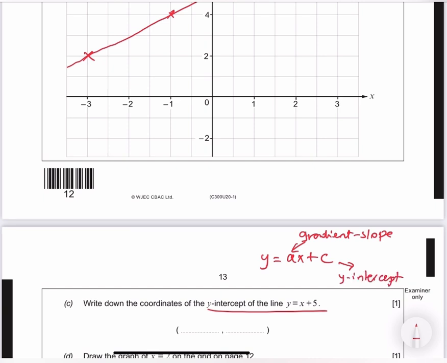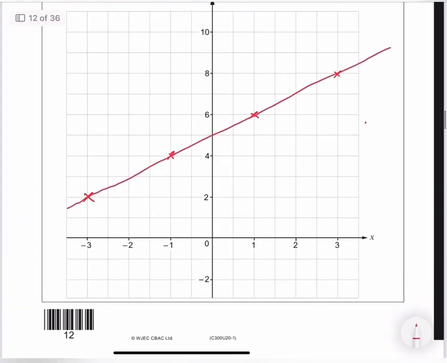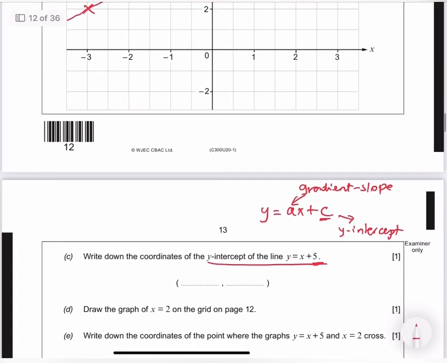It shows where your line crosses the y-axis. We can see the number for c is 5. We can see it from the equation, but we can also see graphically that the line crosses the y-axis at 5. So we just need to put the coordinates for that point, which is 0 and 5.